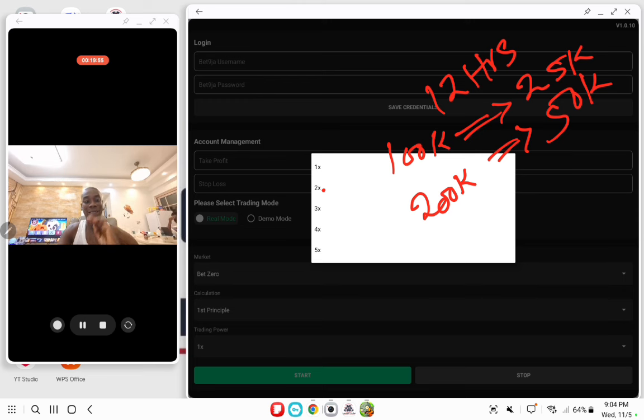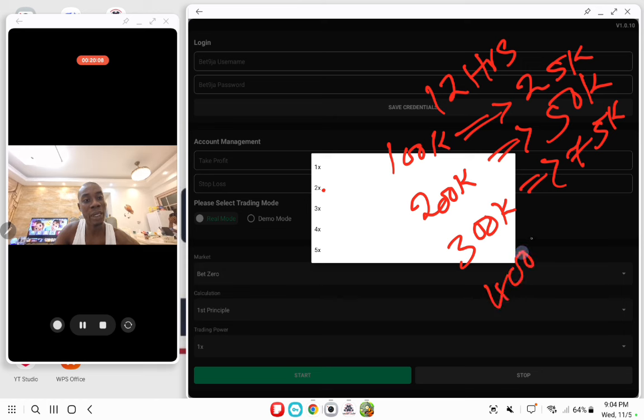Okay, that's how it works. So someone with 300,000 will make 75k. Someone having 400k in this time frame will make 100k. So you understand the difference and what trading power means, right?